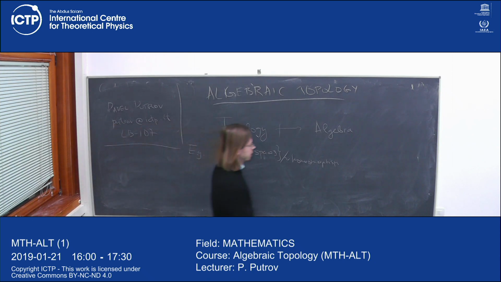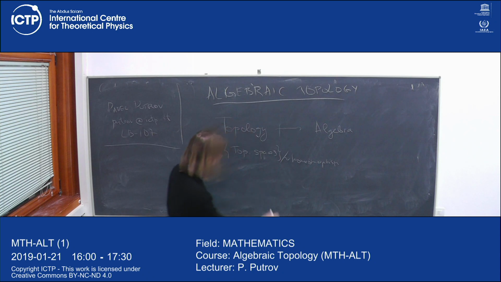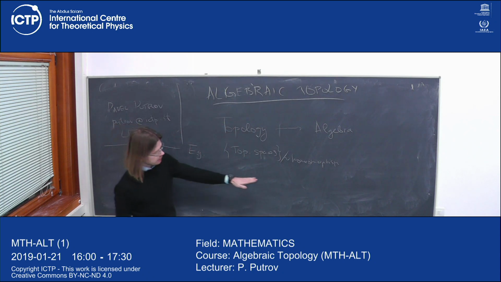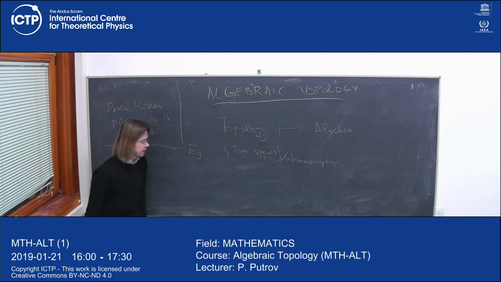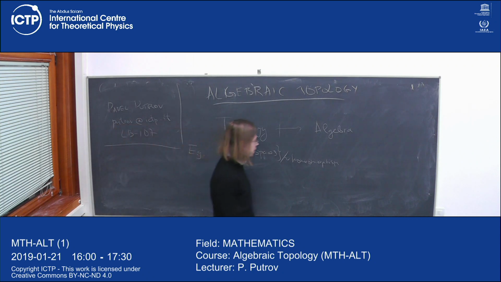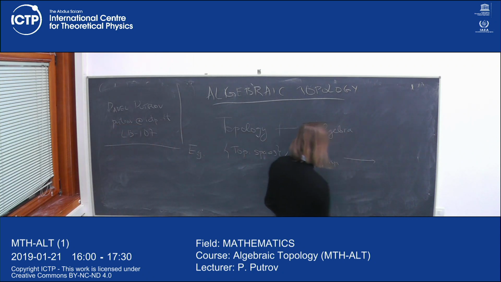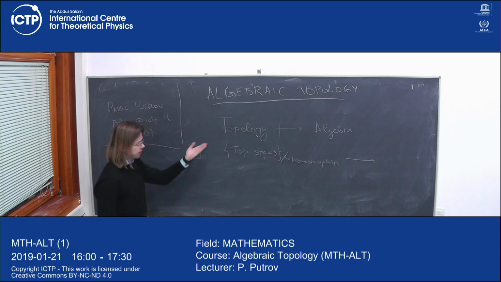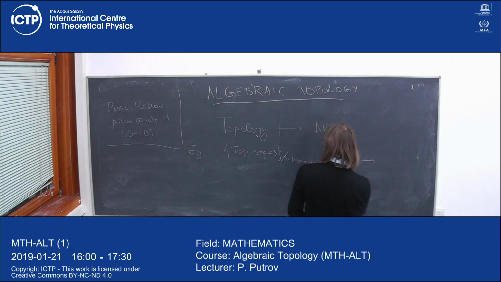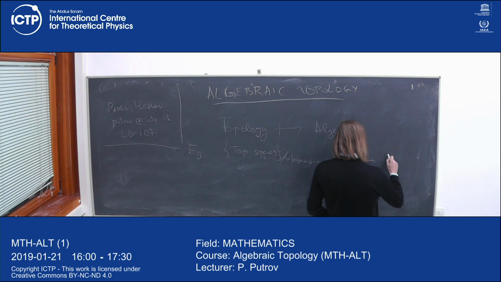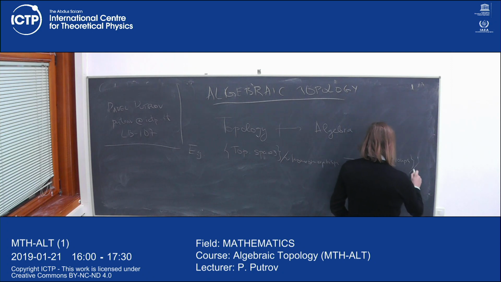And this is usually quite hard to understand, this space of all topological spaces divided by homeomorphism. But it might be, and this is what the field of algebraic topology addresses, that we are able to construct some map from this set to, for example, groups up to isomorphism.